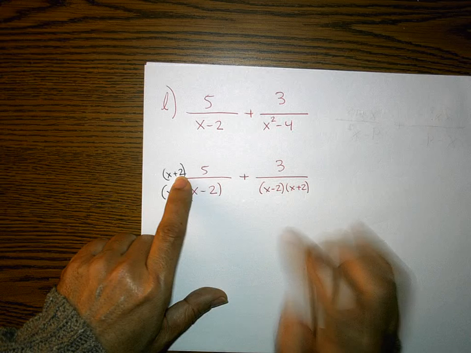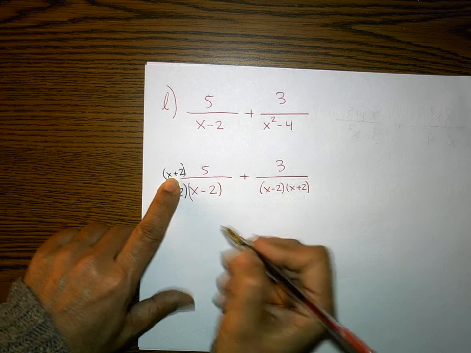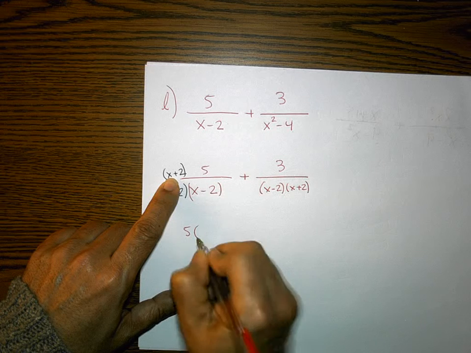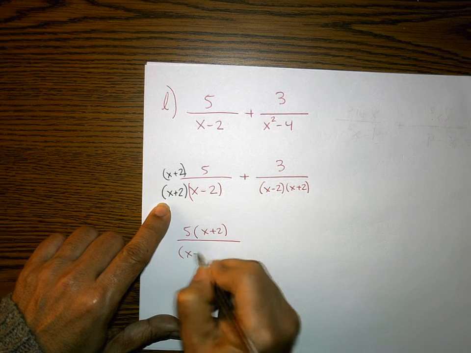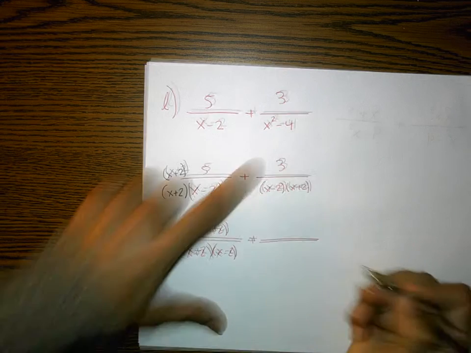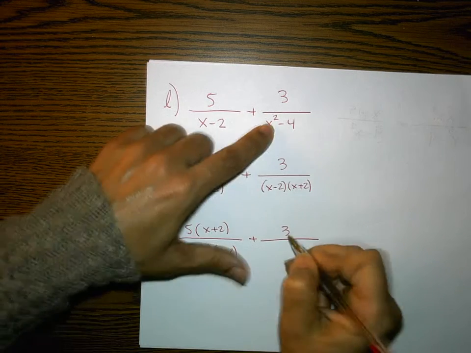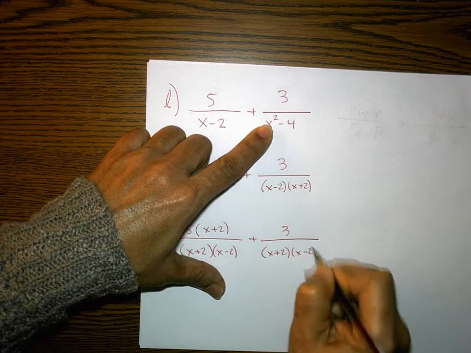So there we go. Now I have common denominators. But the numerator became something brand new. It became 5 times an x plus 2 all over an x plus 2 times an x minus a 2. Plus, here I didn't change anything about the fraction. I just factored my denominator of x plus 2 times an x minus a 2.